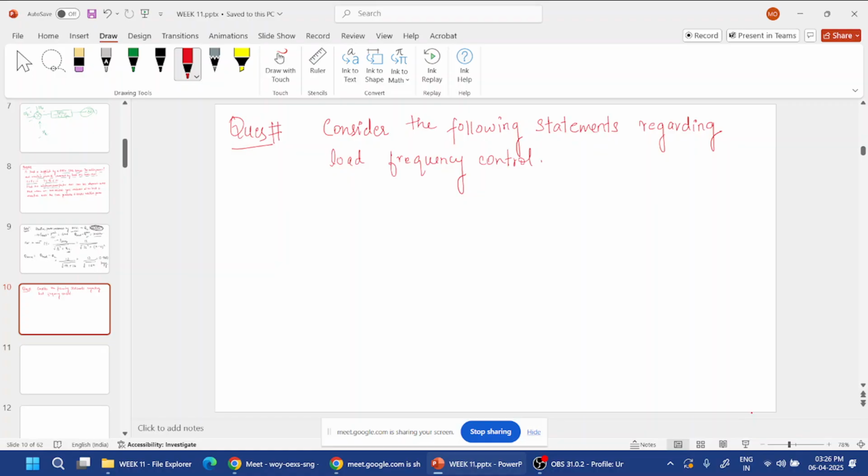First, the time constant of automatic load frequency control is about 15 seconds.